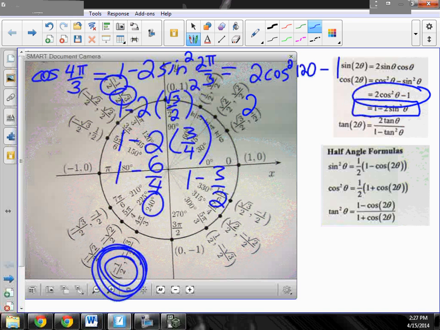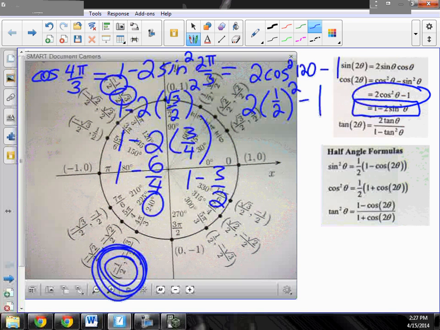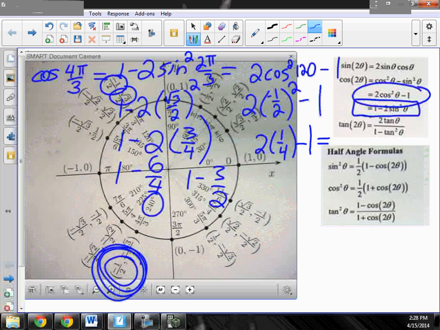So 2 times 1/2 squared minus 1. Oh, that's negative. You're right, but it's not going to matter. So what is negative 1/2 times negative 1/2? 1/4. 2 times 1/4 is 1/2, and if I subtract 1 from that, I get negative 1/2.